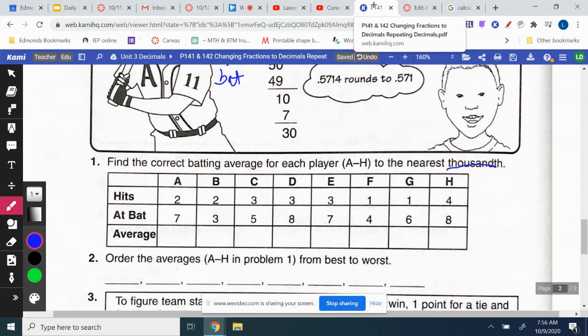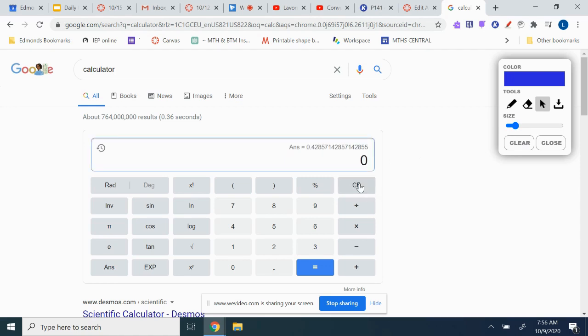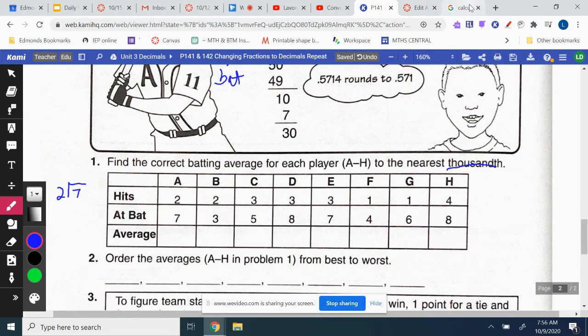So if I have 2 divided by 7, and remember I told you 7s are messy numbers, so we're going to go back to that calculator, and we're going to go ahead and divide that out. And I already forgot what it was. It was 2 divided by 7.